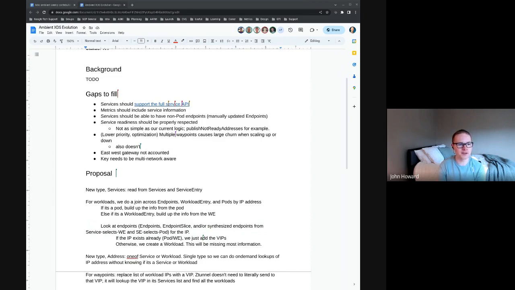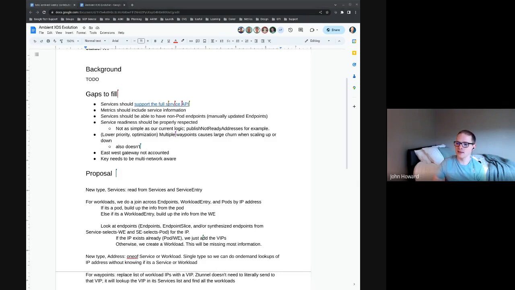The general idea was that it was supposed to be the next hop, or how you reach it, which could be a waypoint, but it could also be an east-west gateway, for example. Or maybe in the future, if we represent something like google.com, it could be an egress gateway. That's a bit hand wavy for sure. We haven't thought about egress that much, but that's generally the idea. But that's, to some extent, separate from the XDS API.